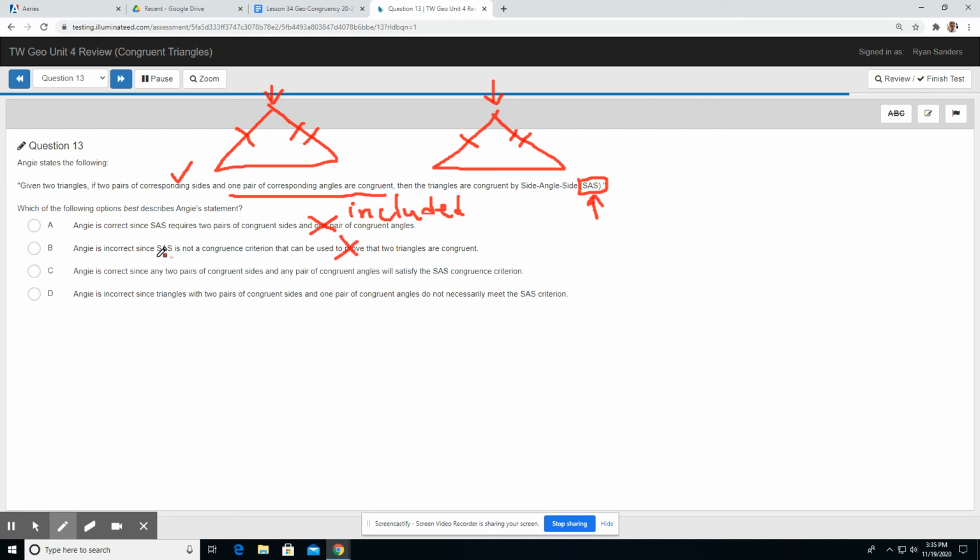Angie is correct since any two pairs of congruent sides and any pair of congruent angles will. No, it's not any of them. It has to be the included one. Angie is incorrect since triangles with two pairs of congruent sides do not necessarily meet it. That's right. It has to be the included angle for it to meet it. So if it's the other two, it doesn't.